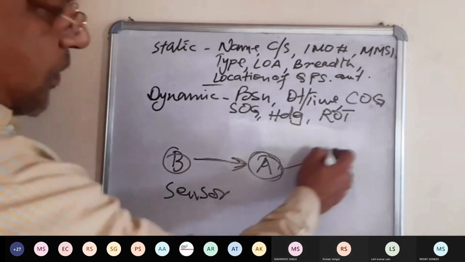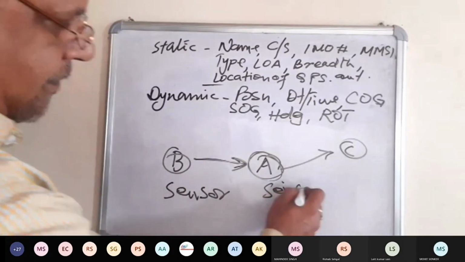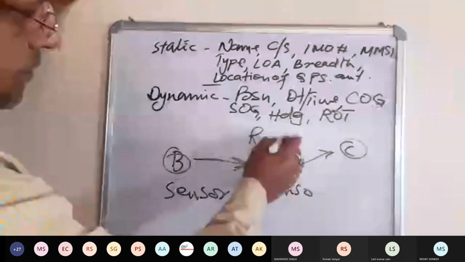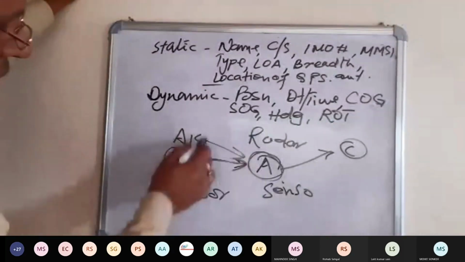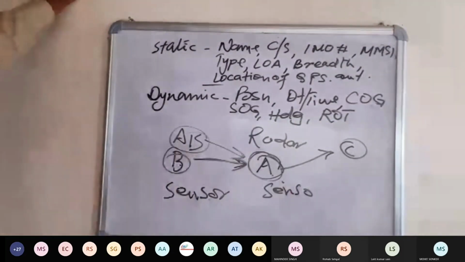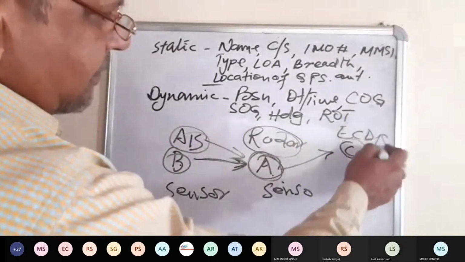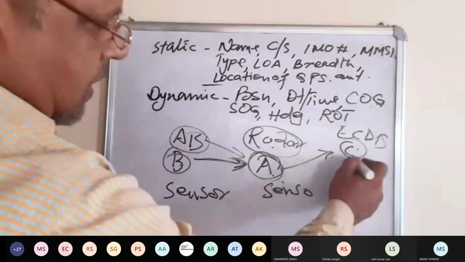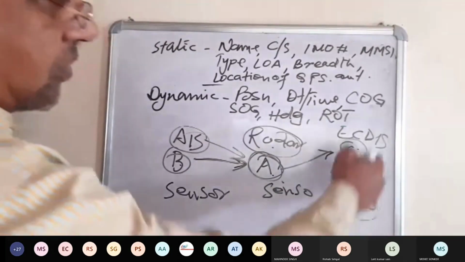For example, with radar, the AIS data comes into the radar, so AIS is the sensor equipment for radar. But the radar data is given to ECDIS, so radar is a sensor to ECDIS. Also, the gyro data goes into ECDIS, so this is also sensor equipment.